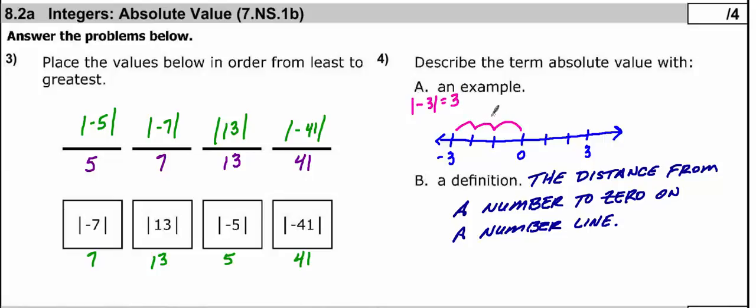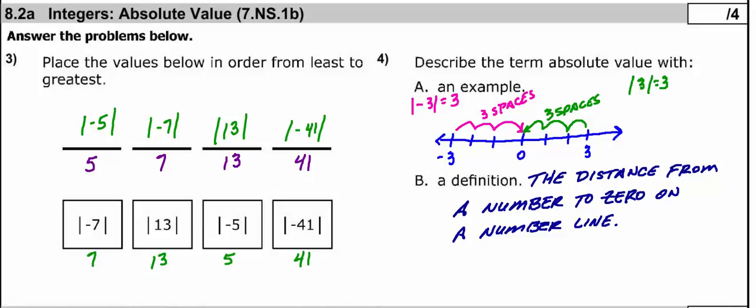Why is that? Because it is 3 spaces away from 0, just like the absolute value of 3 is 3 because it is 3 spaces away from 0. So each of those numbers has the same absolute value because each of those numbers is 3 spaces away from 0.